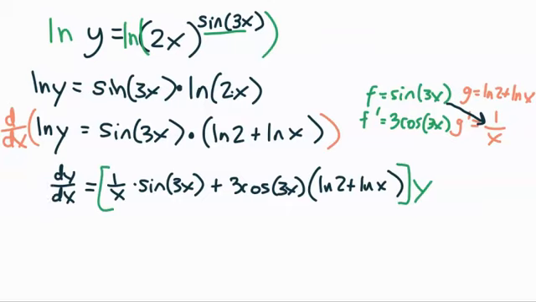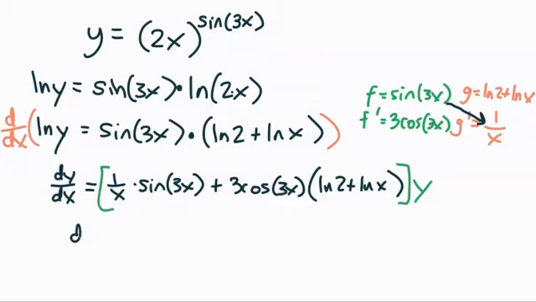So I'm essentially done. The only thing is you don't usually like to leave y in your answer, right? And so if we look back to our original problem, in our original problem, y was equal to this exponential that we didn't want to deal with.